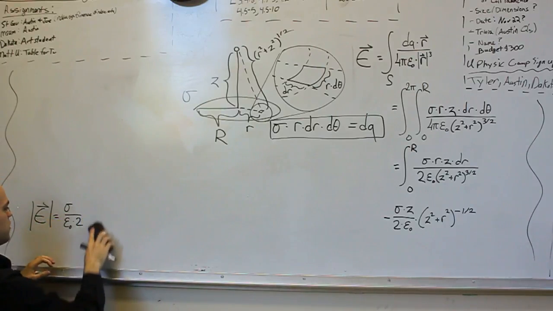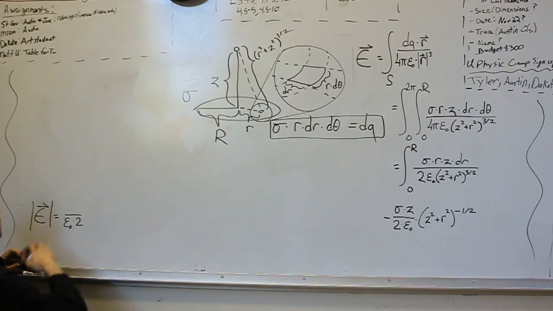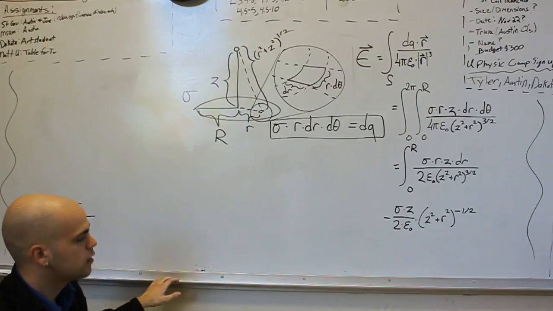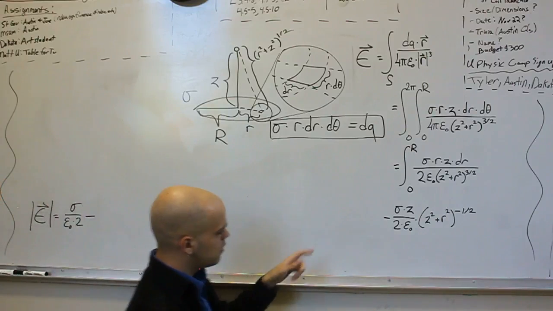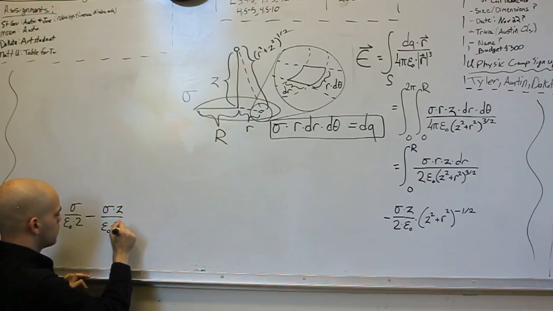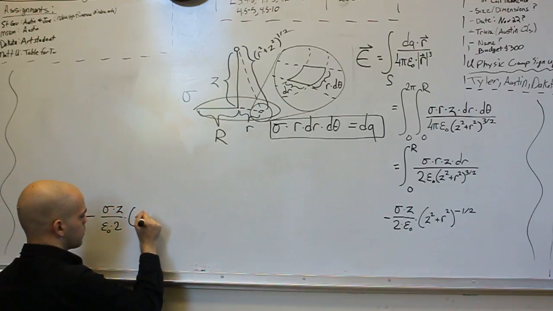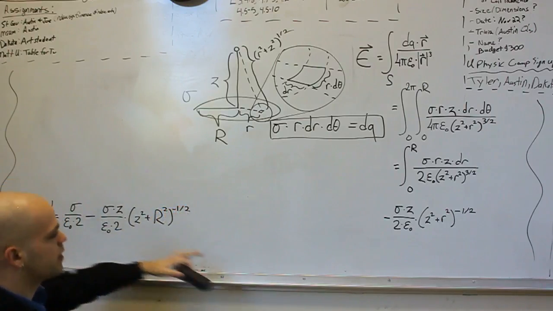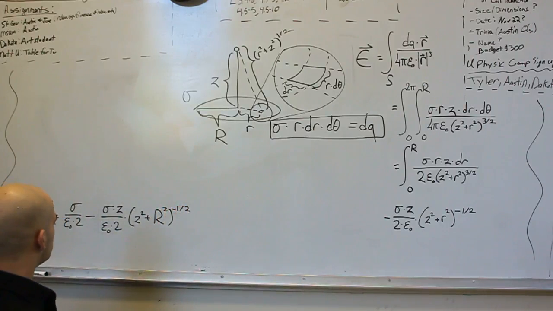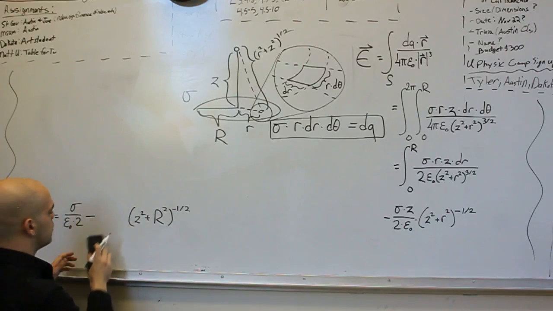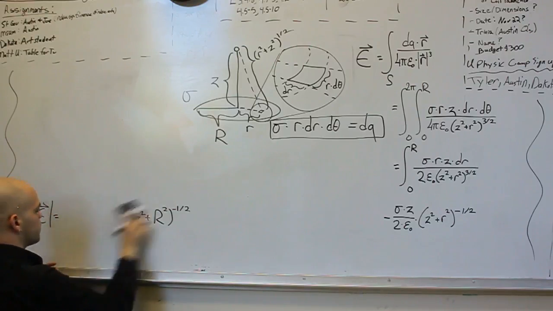So at the first limit of integration, it's just going to be sigma over epsilon naught times 2. And then at the second one, it's going to be z squared plus big R squared to the -1/2. Because, of course, big R is our other limit of integration. Of course, simplification goes on, so I'm just going to mess up the whole order of this.